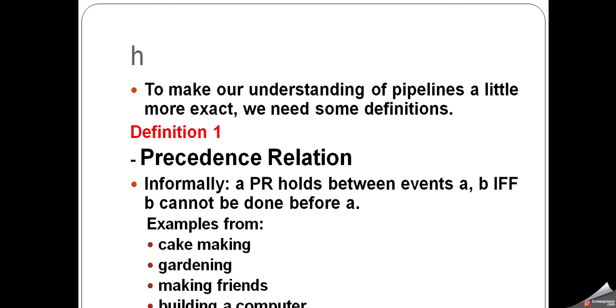So to make our understanding of pipelines a little more exact, we need some definitions. A precedence relationship holds between events or tasks A and B if and only if B cannot be done before A. So you can dream up all sorts of examples, like in cake making. You can't actually bake the cake until you've made all the mixes and the components. You've got the ingredients, all 10 different ingredients, and you've processed all the ingredients in the right way.